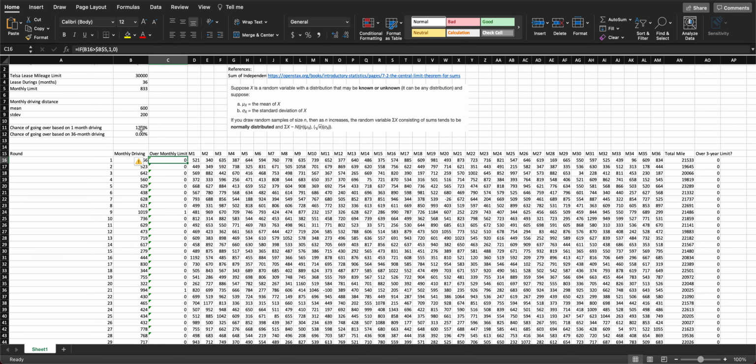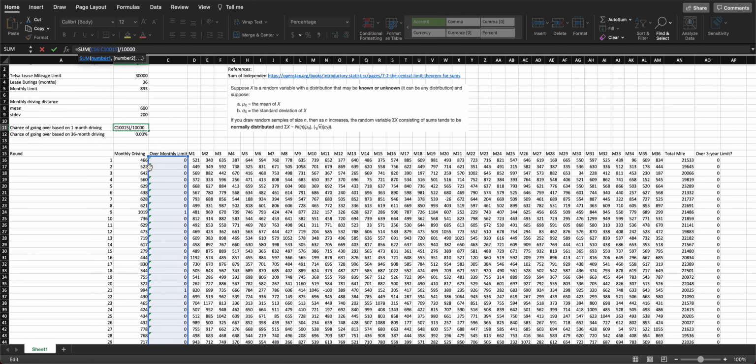At the end, I count how many times I went over, and divide by the 10,000 runs. This gives me the probability of going over 833 miles in a month. You can see that roughly there's a 12% chance I might go over. So this would get you pretty nervous. Am I asking myself, at the end of 36 months, is there a 12% chance I'm going to go over? Well, it turns out the answer is no.